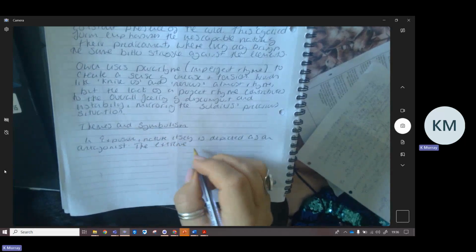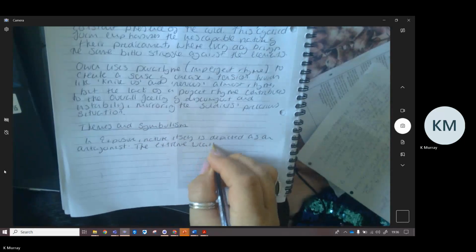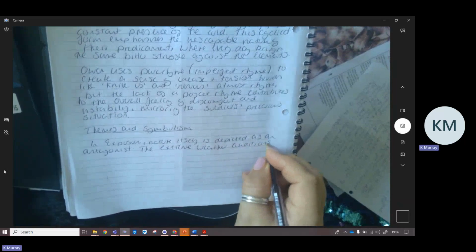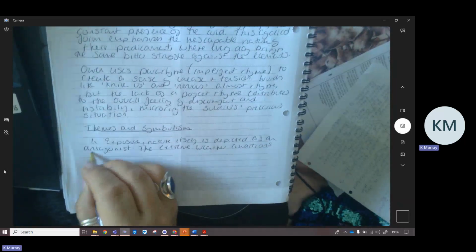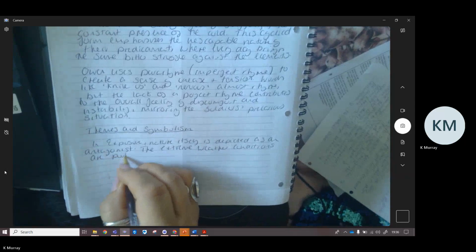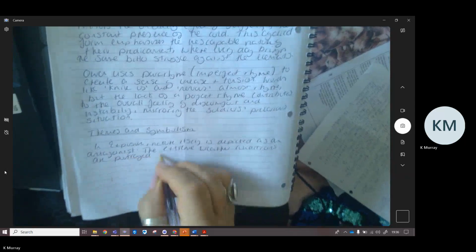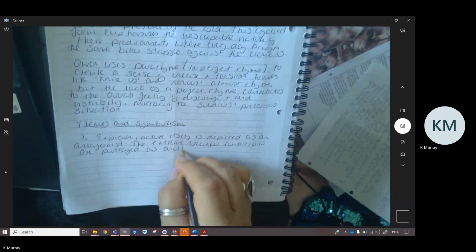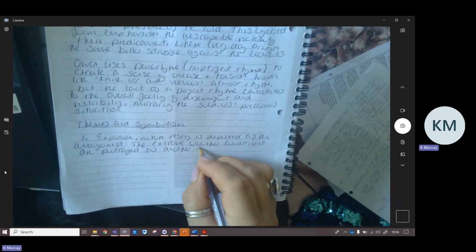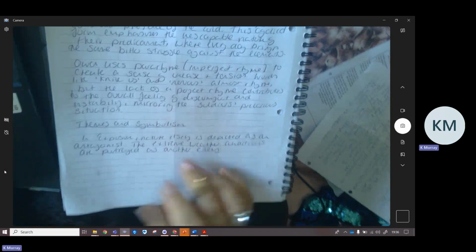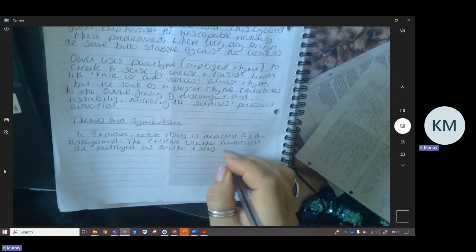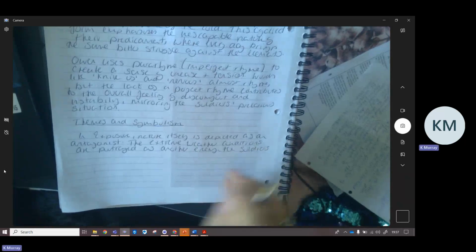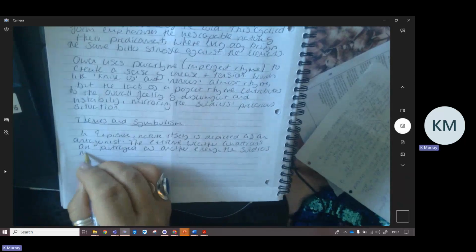The extreme weather conditions are portrayed as another enemy. That's what the natural world is doing in this poem, isn't it? Another enemy the soldiers must face.